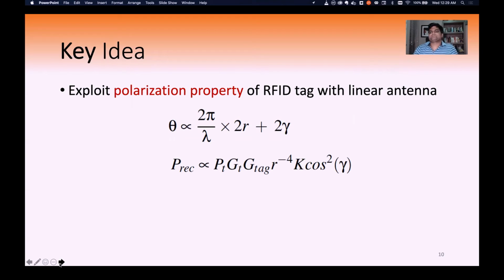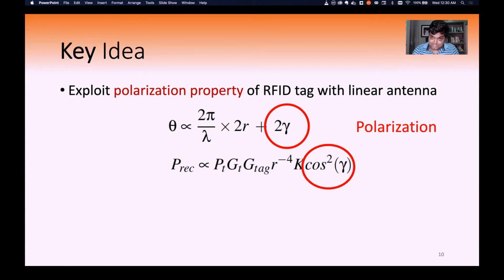This is because the phase of the RFID tag, theta, and the received power, P received, are a function of the distance, the polarization, which is gamma, and also the gain of the antenna.